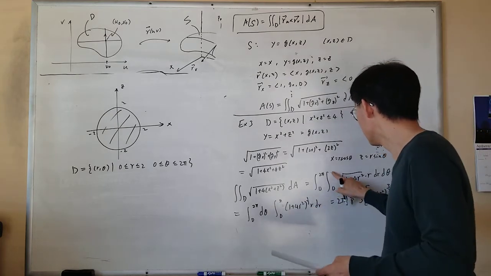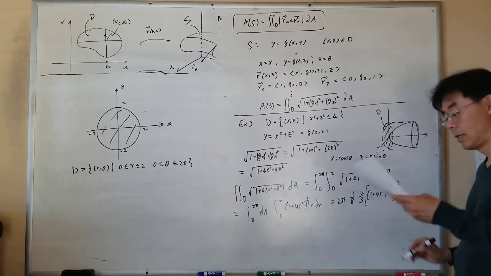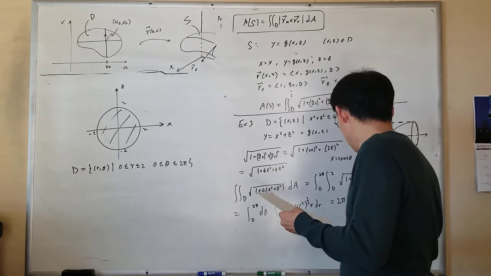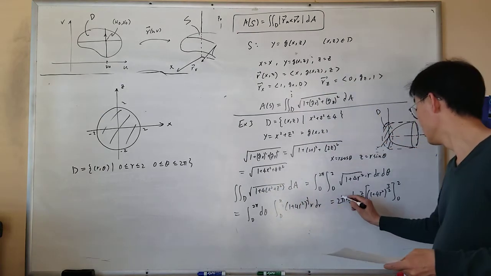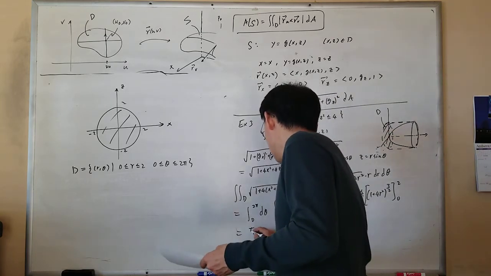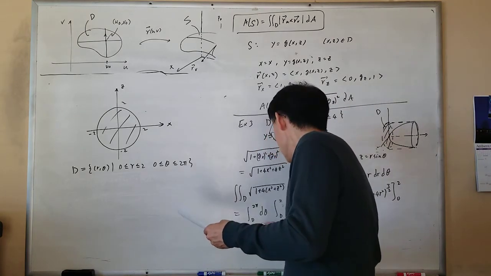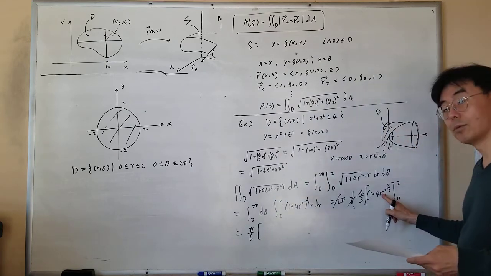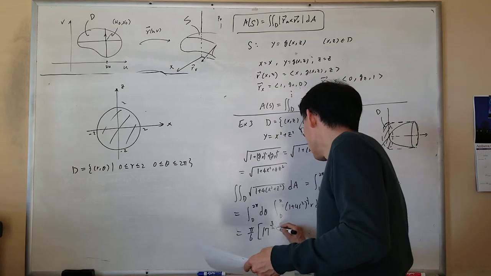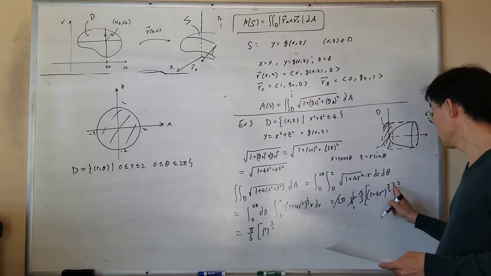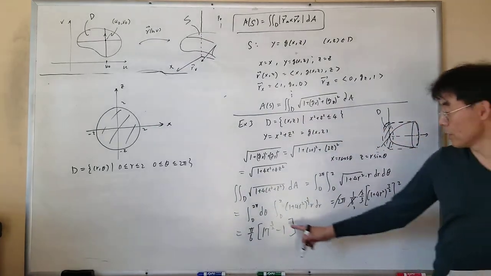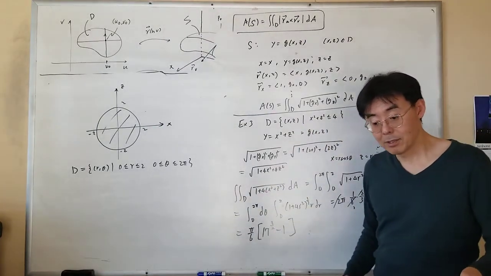In the end, it's going to be 2 pi over 12, or pi over 6, times 17 to the 3/2 minus 1 to the 3/2, and 1 to the 3/2 is just 1. That's the answer. You can write this as 17 times the square root of 17, minus 1.